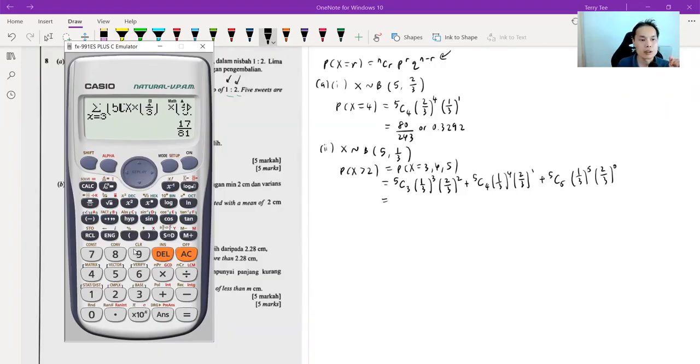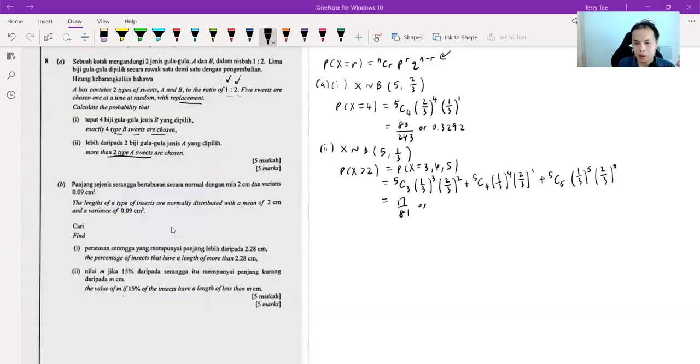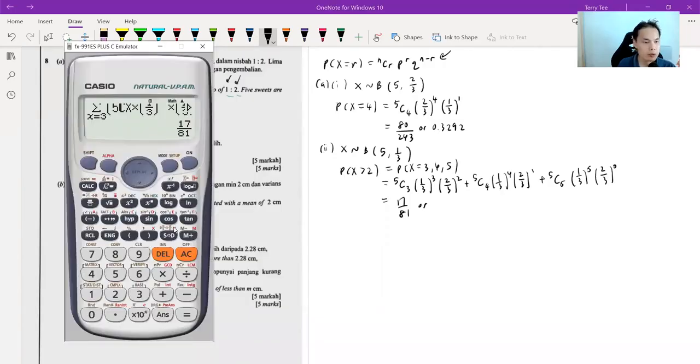There you go. I got 17/81, or in decimal, 0.2099.